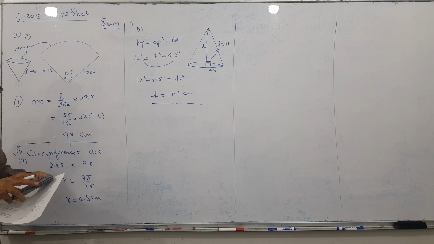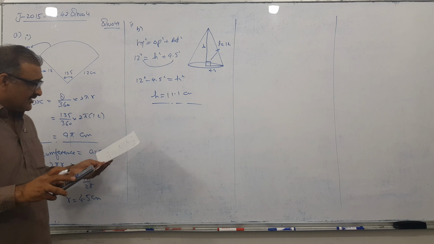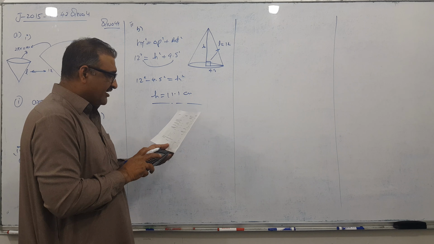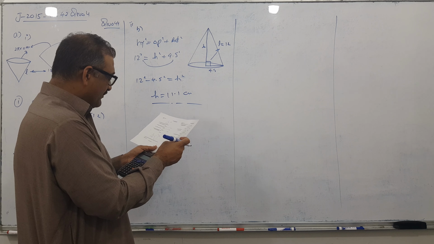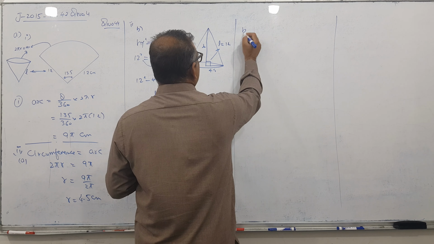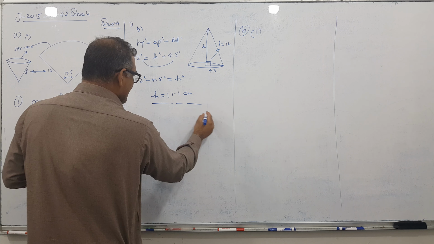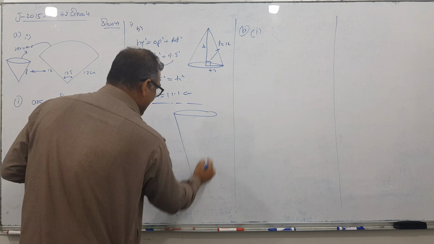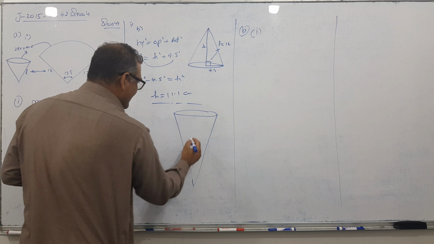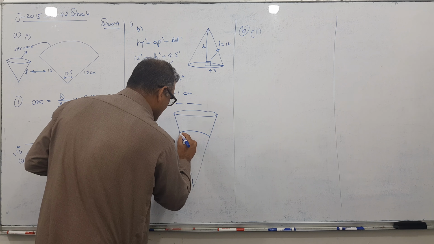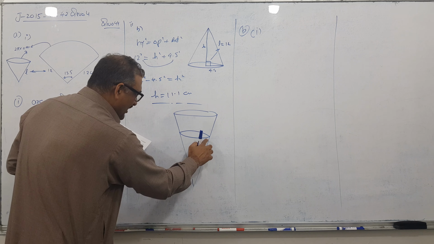Let's talk about the next part, which is important here. This is part 2B. Actually, this is a larger cone, and the cup is here, and this part is not there.